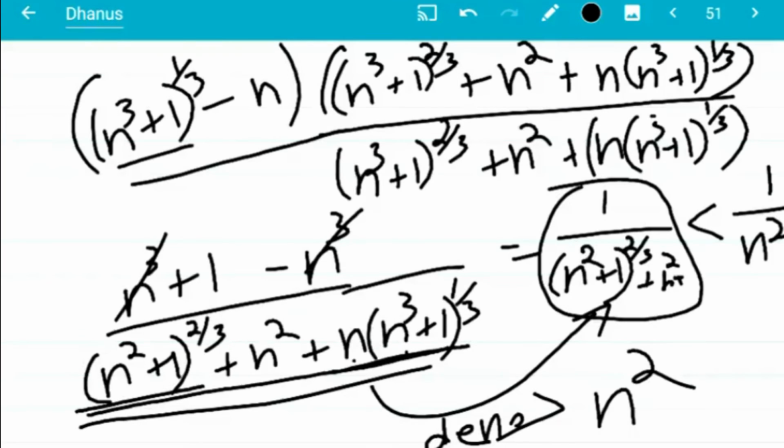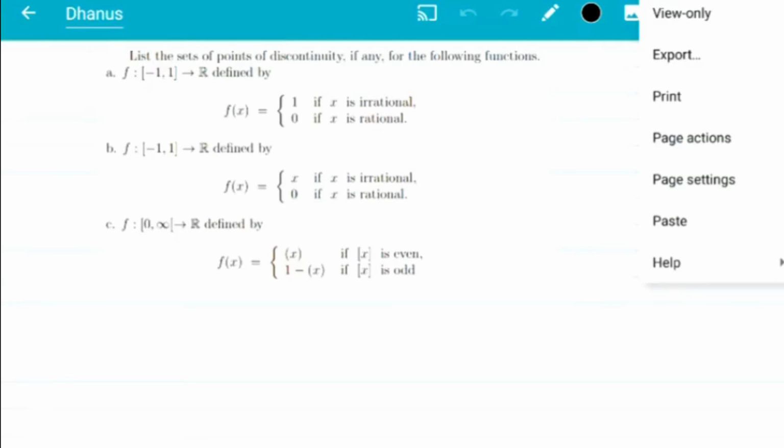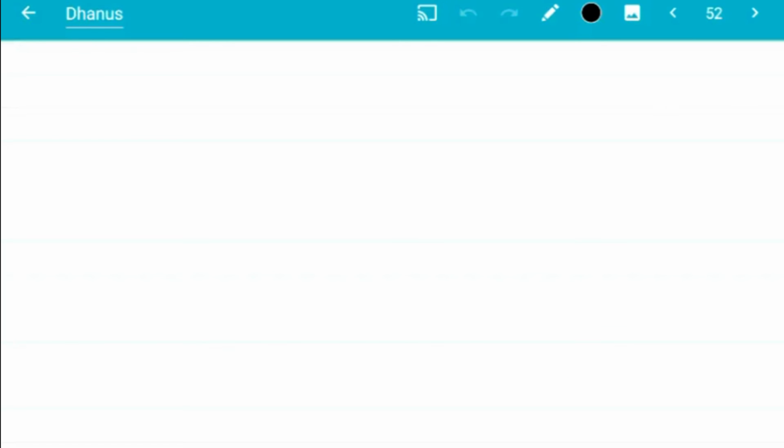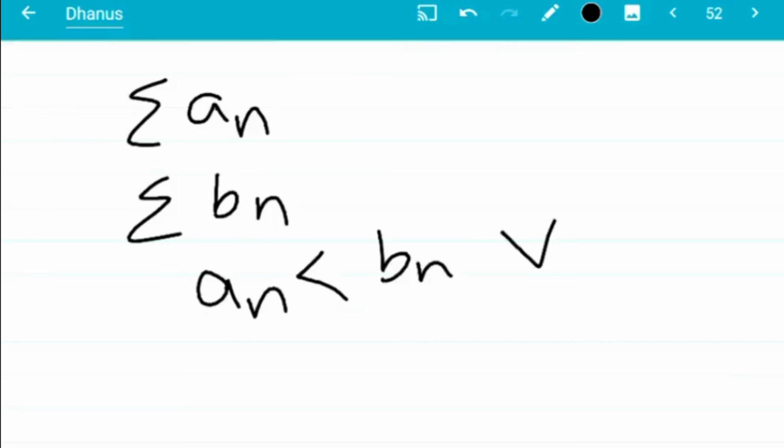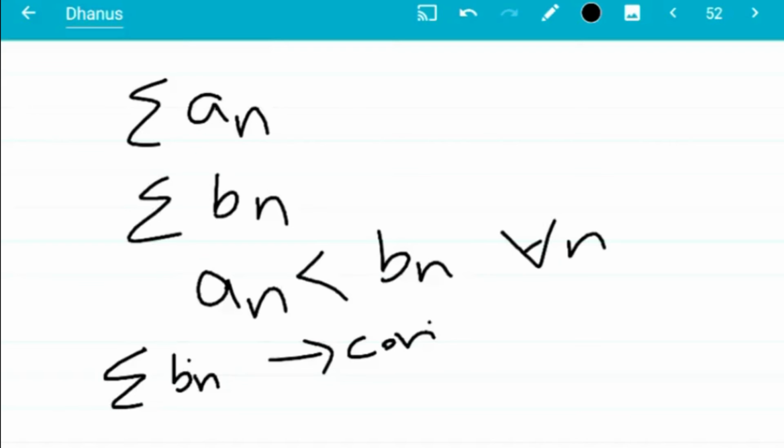The comparison test is like that. Consider series an and bn, both an and bn are positive for all n, and an is less than bn for all n, and then summation bn converges implies that summation an converges.